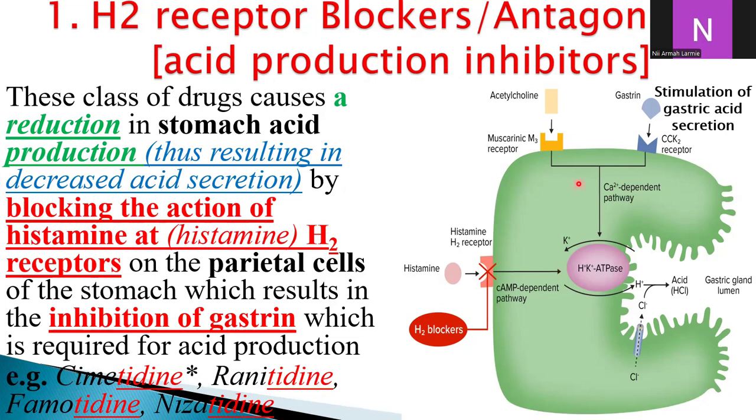Now, we know that when it comes to acid production, it occurs in a specialized cell in the GI mucosa wall known as the parietal cell.